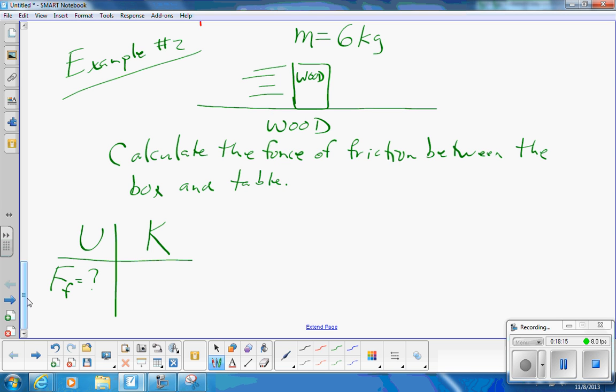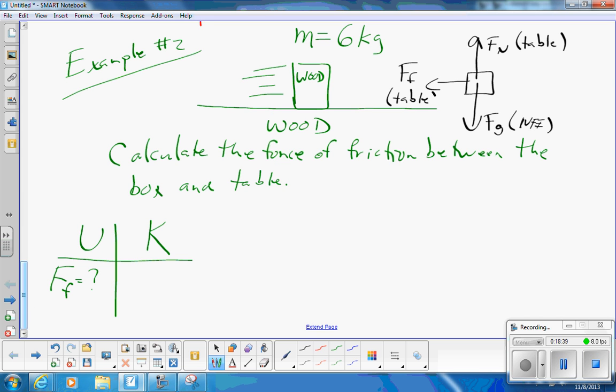If I have a free body diagram of this box, I've got a force of gravity down, exerted by Earth. I've got a normal force up, exerted by the wooden table surface. I definitely have a friction force to the left, exerted by the table.